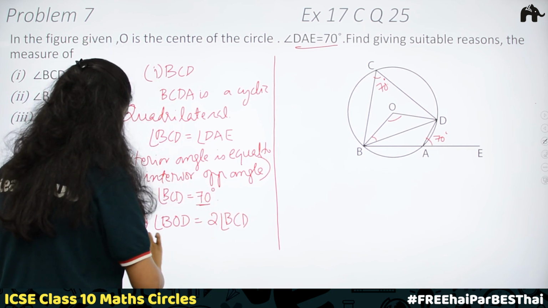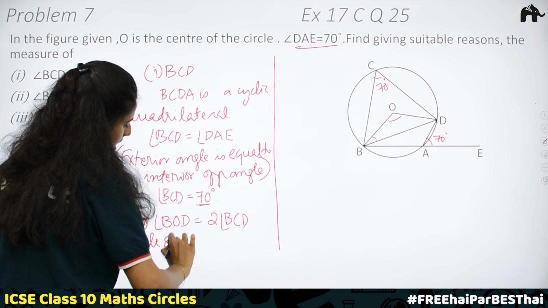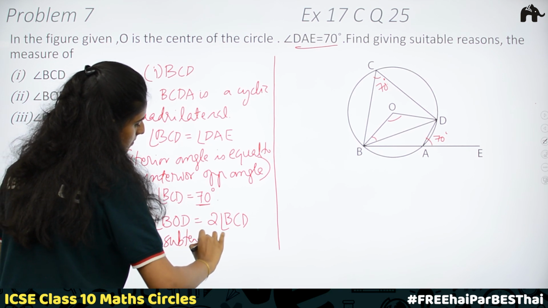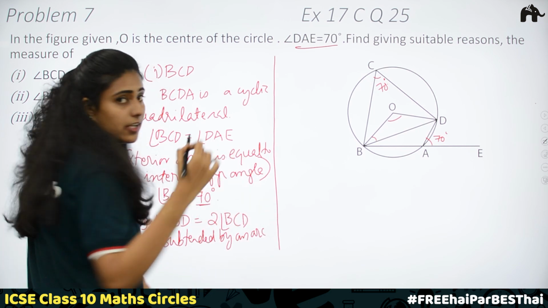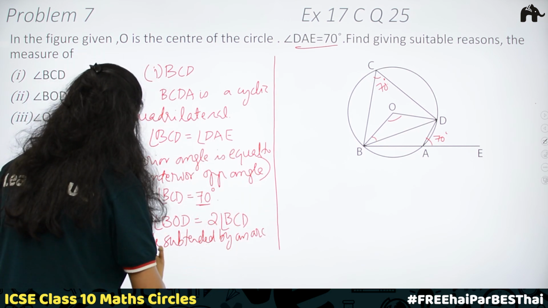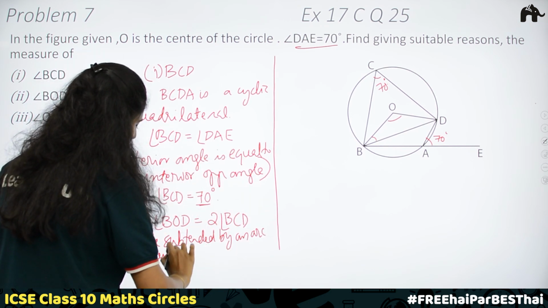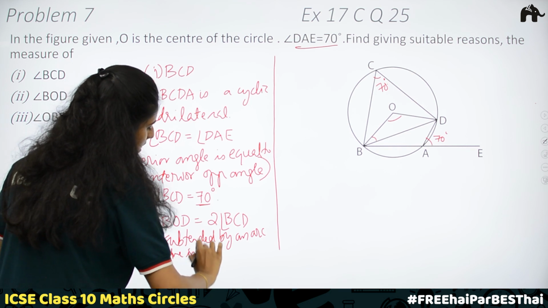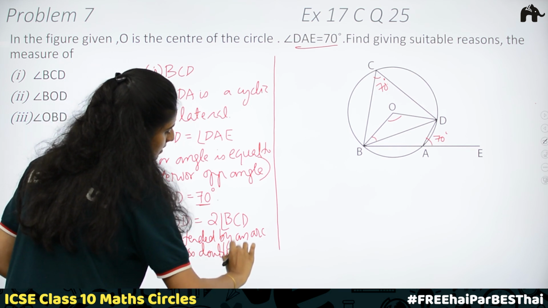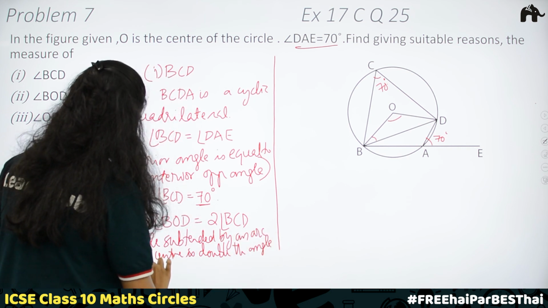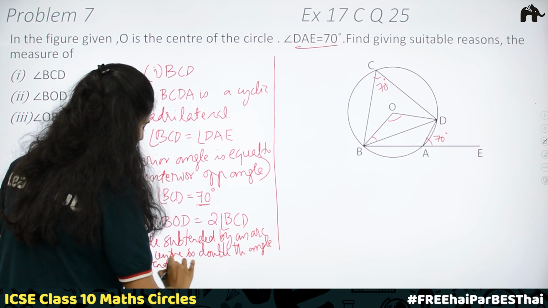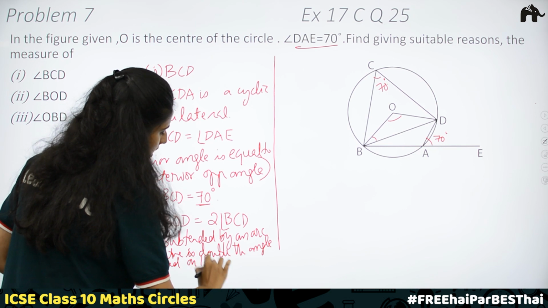Angle subtended by an arc or a chord at the center is double the angle subtended on the circumference of the circle.